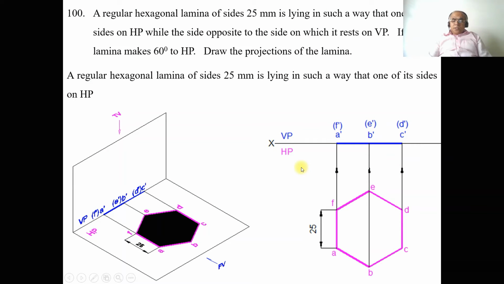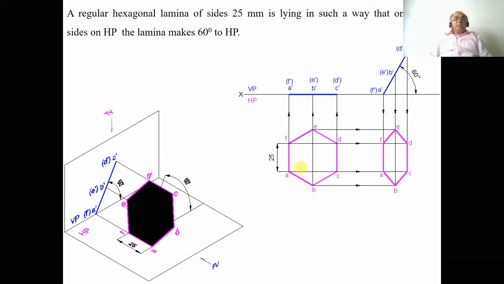Now then it is lying in such a way that one of its sides is on HP and the lamina makes 60 degrees to HP. Since two sides are perpendicular to VP, that is AF and CD, either I can restrict CD on the XY line or A dash F dash on the XY line.